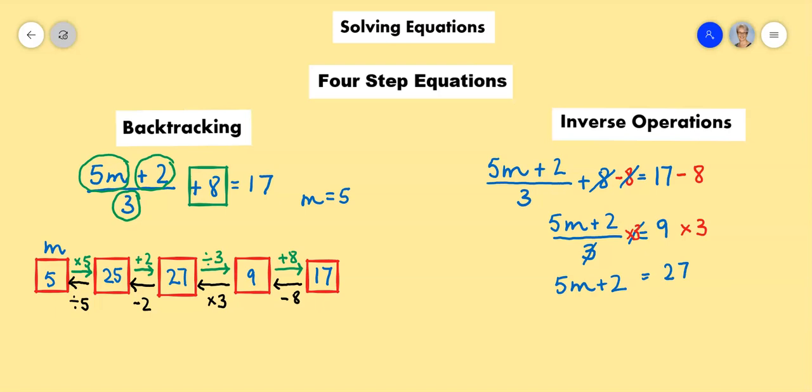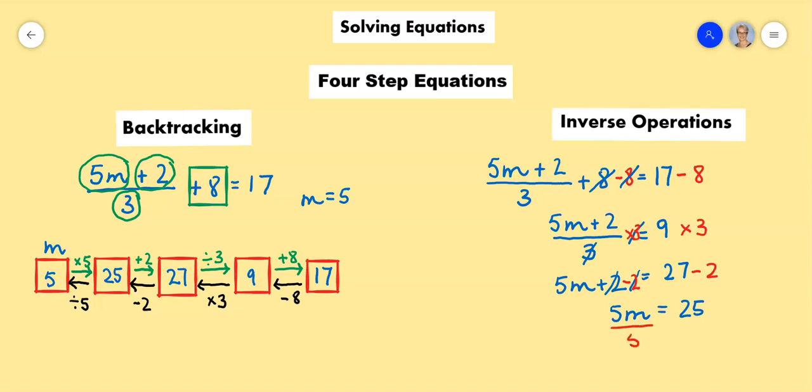The next thing I had to do to undo the equation was to minus 2. So I'm going to minus 2 from both sides of the equation. Plus 2 and minus 2 cancel each other out, and I'm left with 5m is equal to 27 minus 2, which is 25. The last thing that we had to do to solve our equation was to divide by 5.